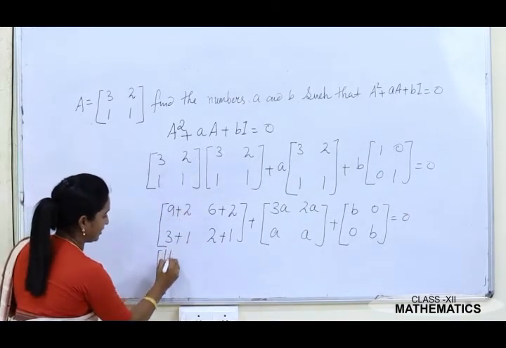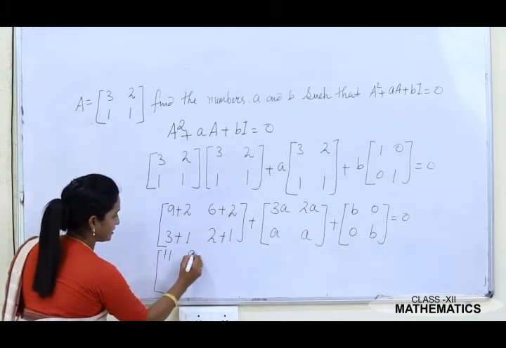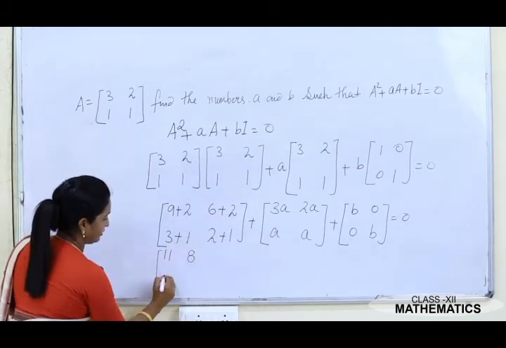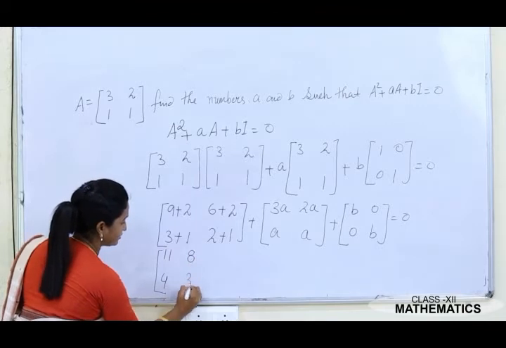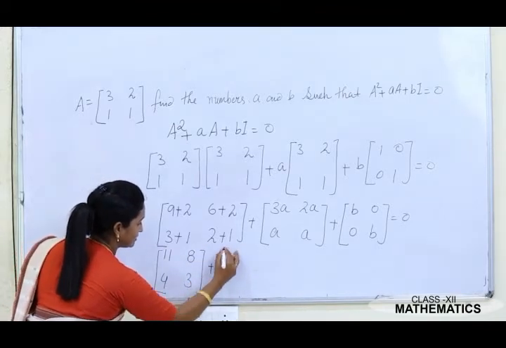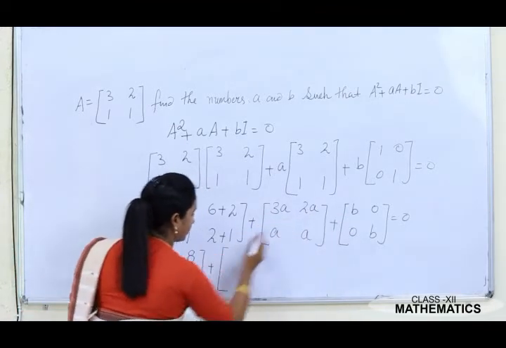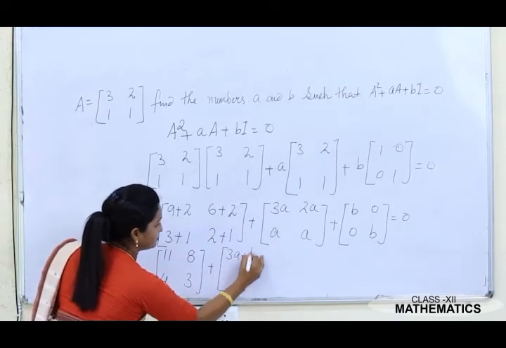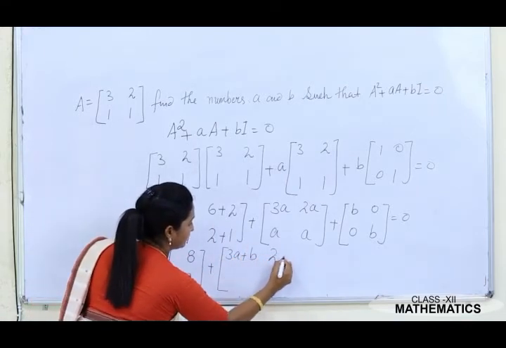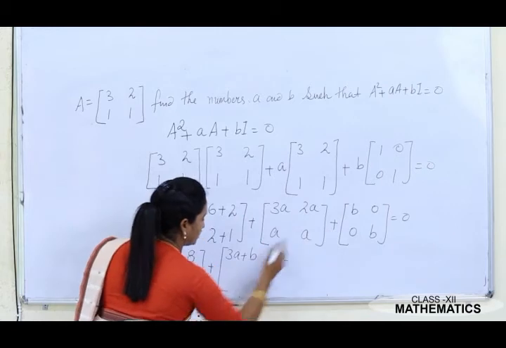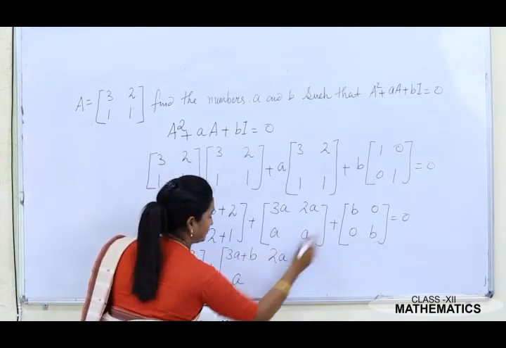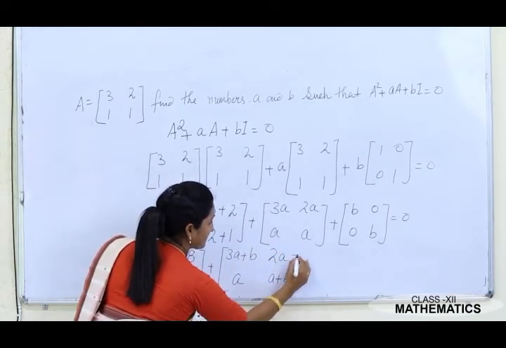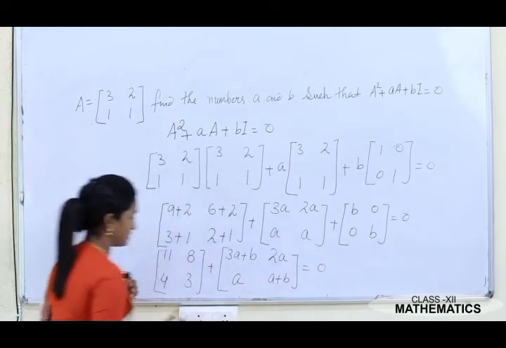That means 9 plus 2 it is 11. 6 plus 2 it is 8. Okay, here it is 4 and here it is 3. Plus, add it, what you are going to get? 3a plus b. 2a plus 0 is 2a. a plus 0 is also a. And a plus b is equal to 0.